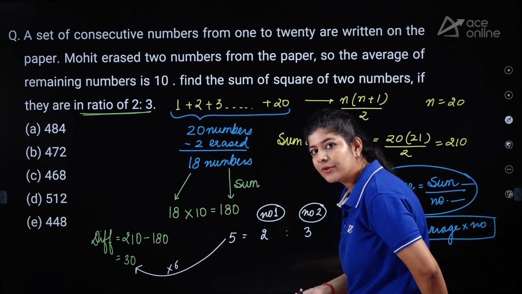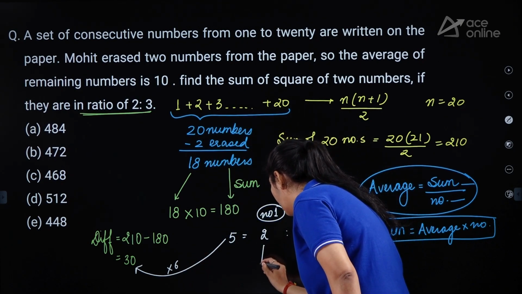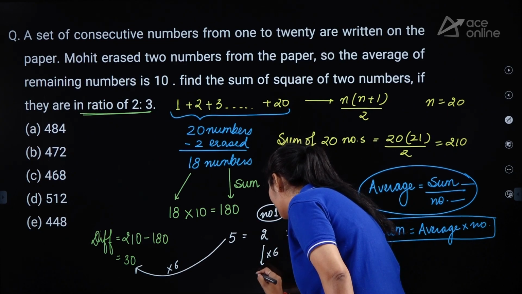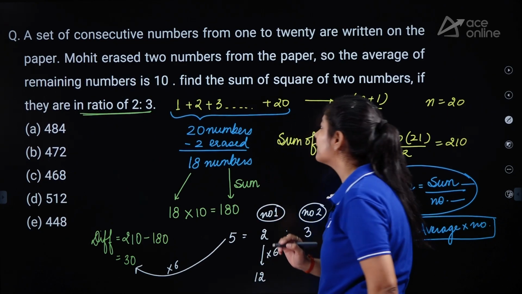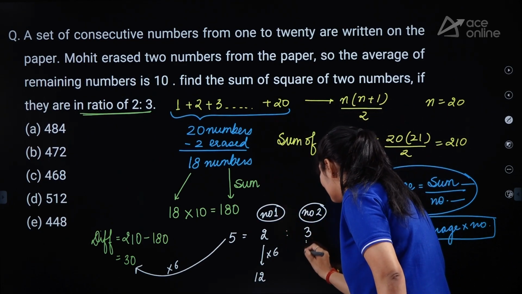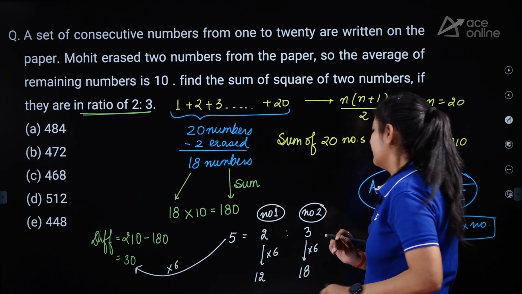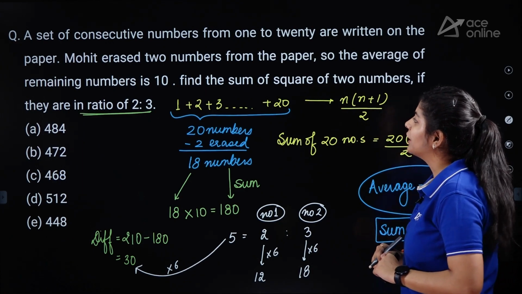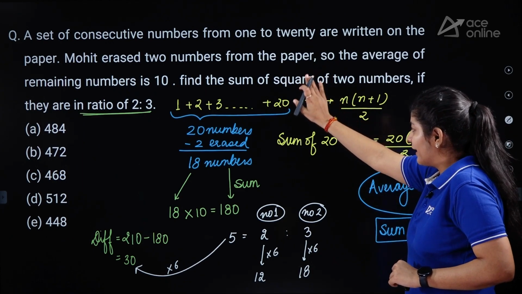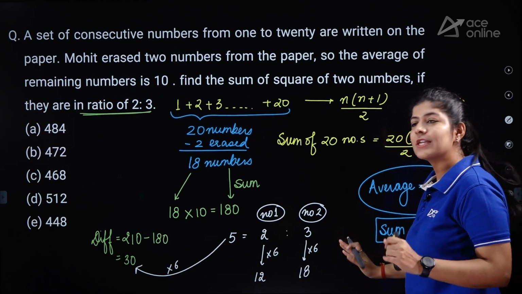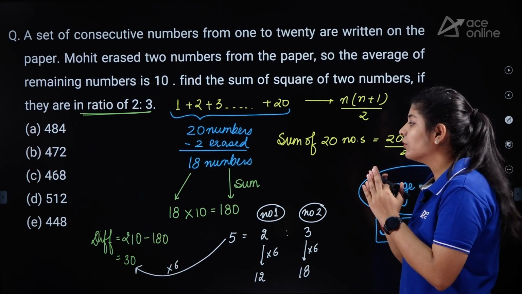So can we be able to determine the numbers? Yes. All we have to do is multiply by 6. So the first number that Mohit erased is 12 and the second number is 18. Now, the next step that we need to do is find out the square of these numbers first and add them.